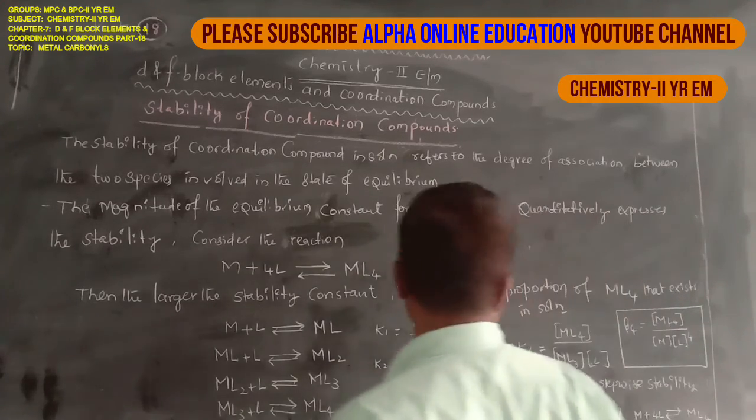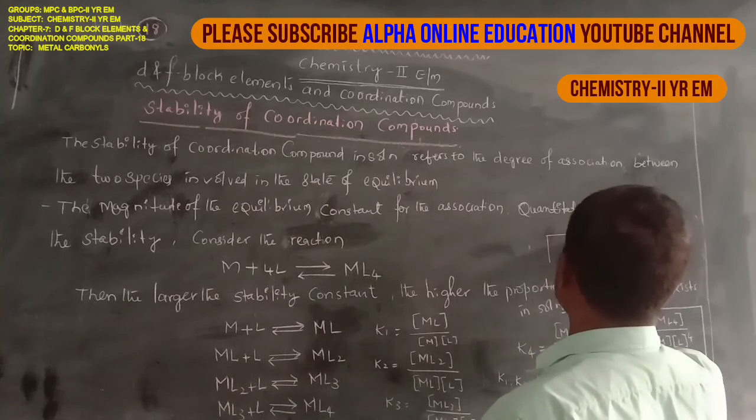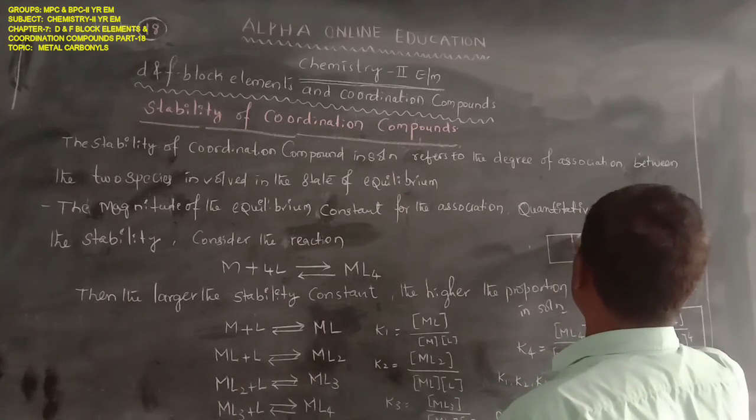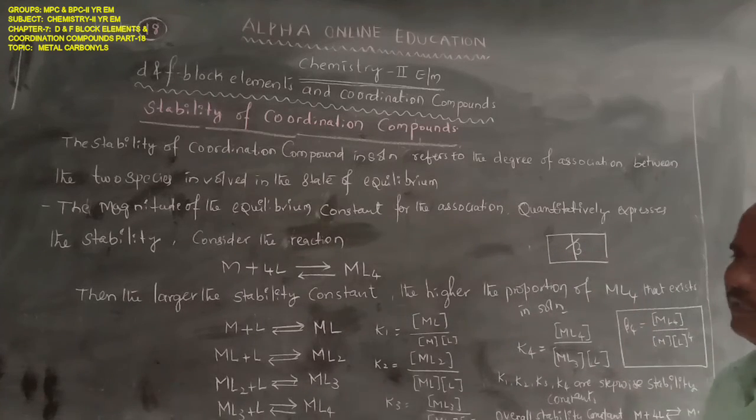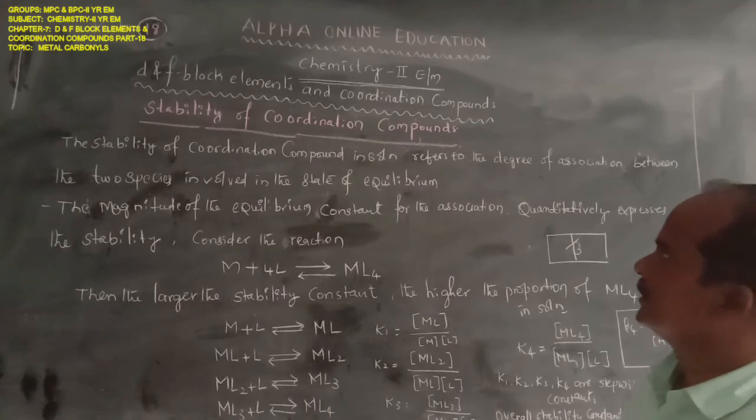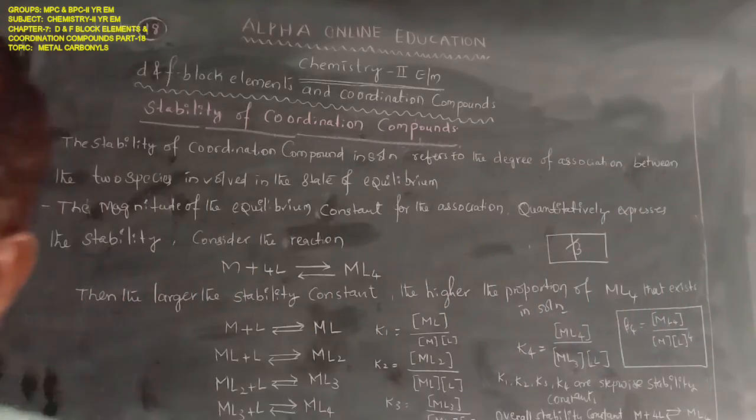It can be written as 1 by beta. This is called the dissociation constant. So this is about the stability of coordination compounds.